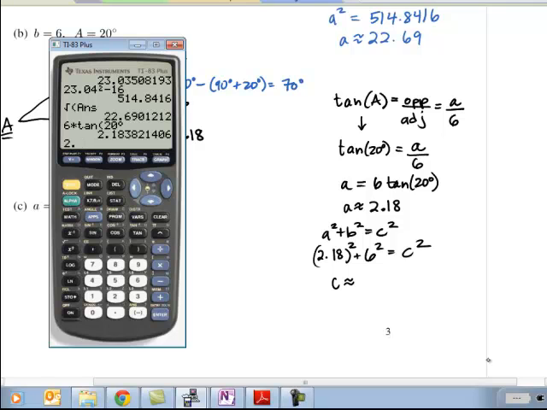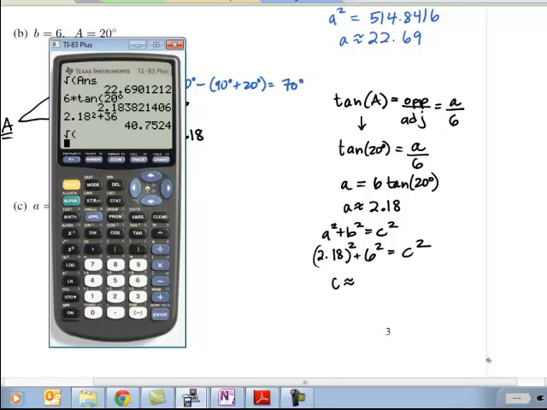So 2.18 squared plus 36. Take the square root of that. Or 6.38 if we round to the nearest hundredth.